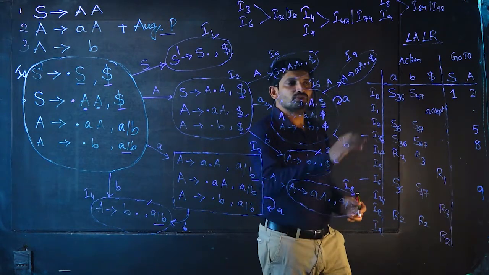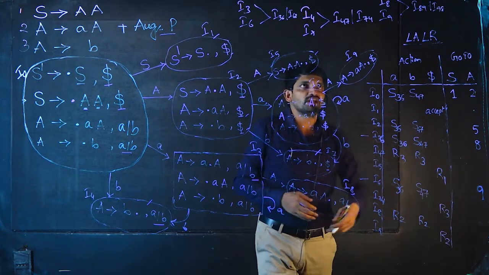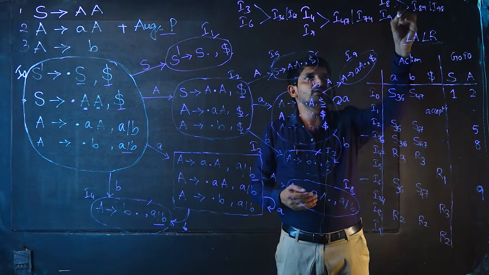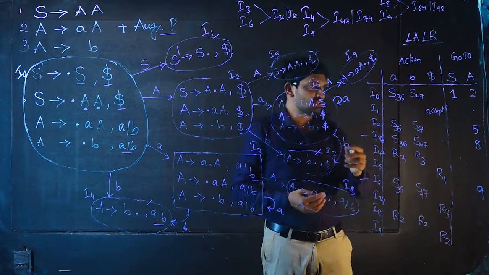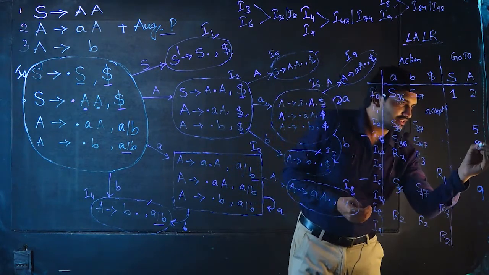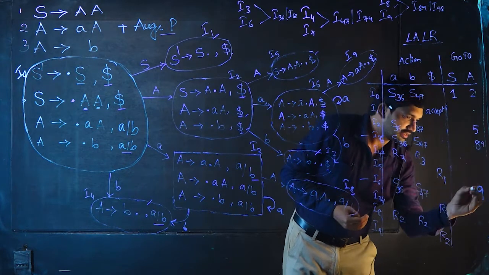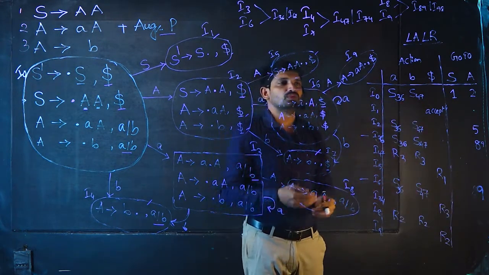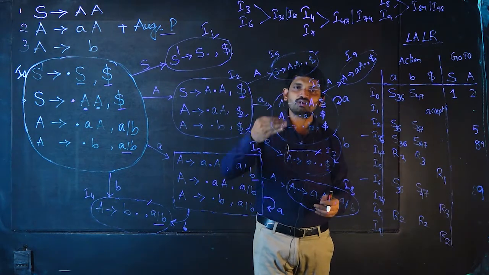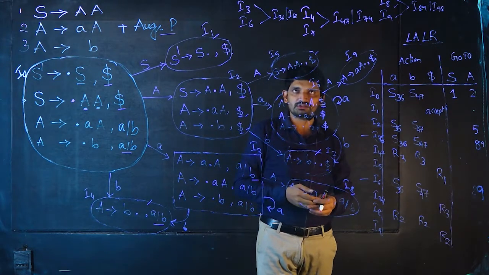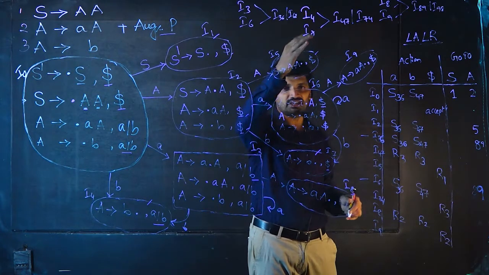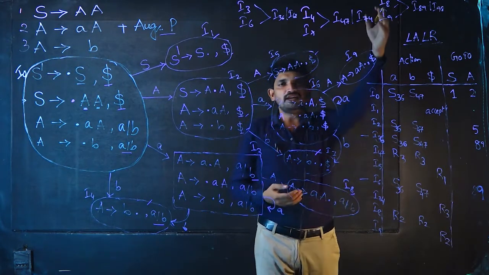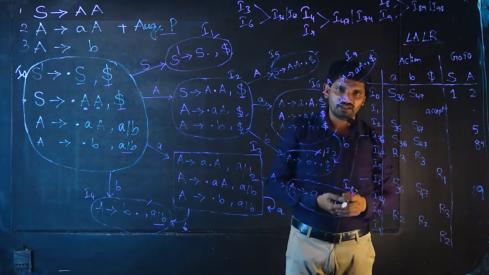We filled in S47. Now come to I8 and I9 also. We have to do the same thing. Here write 8, here 8. So we wrote I3 or I6 as I36, I4 or I7 as I47, and I8 or I9 as I89.